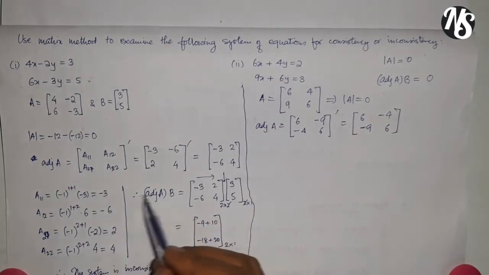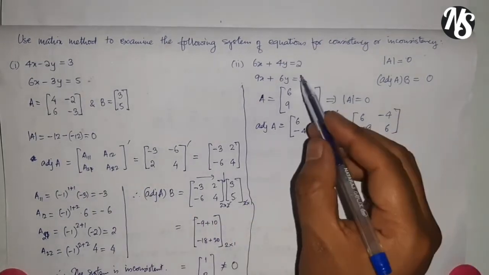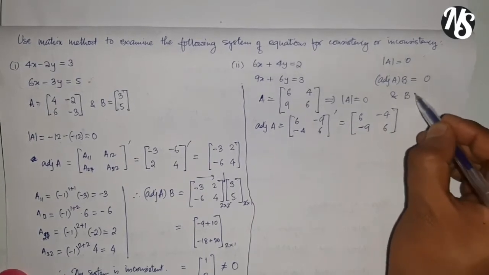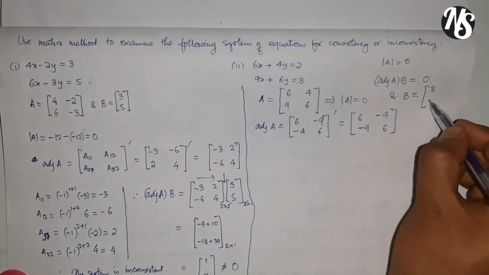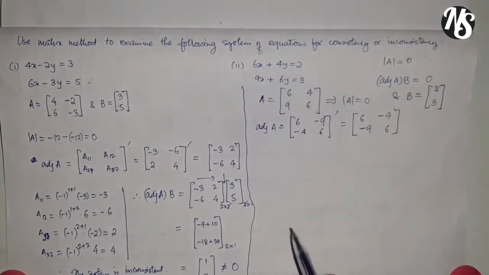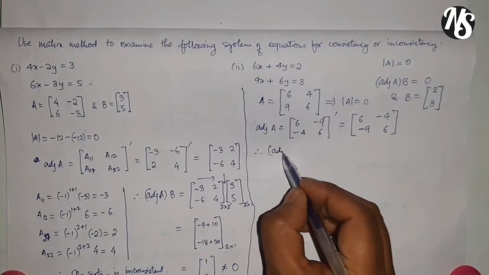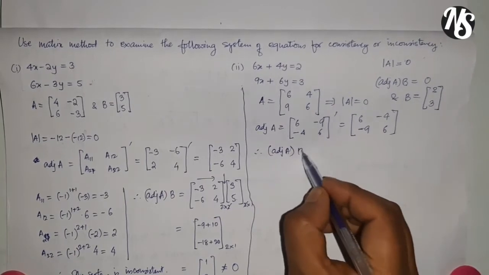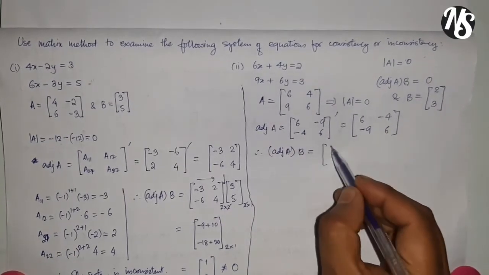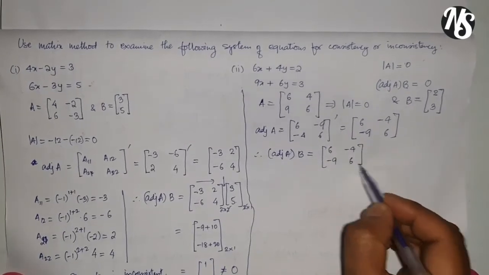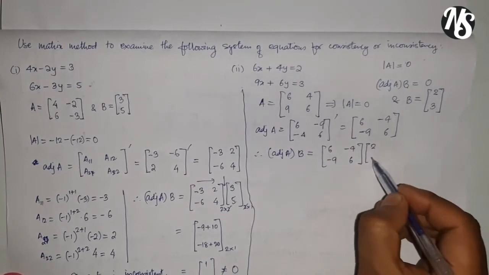Now let's find the adjoint of A into B. By the way, matrix B here is 2, 3. So the adjoint of A into B turns out to be 6, minus 4, minus 9, 6 into 2, 3.